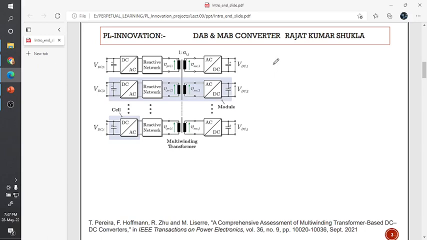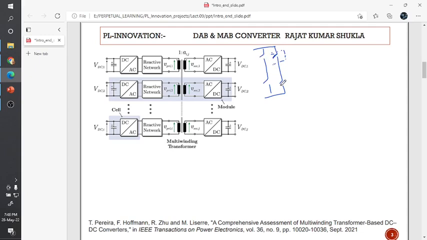There are H bridges, where one H bridge consists of four switches. Let me show you the equivalent model. This is one switch, and this is another switch. This basic element is usually called the MOSFET.